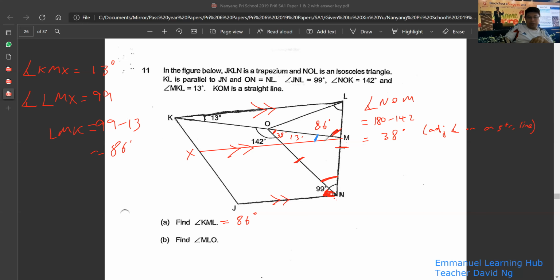If this is 38 degrees, this is 13 degrees, are you able to find this angle? Okay, let's name this intersection as Z. Are you able to find this angle? Yes or no? Yes.